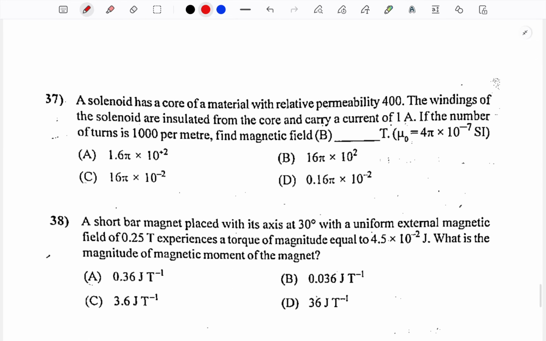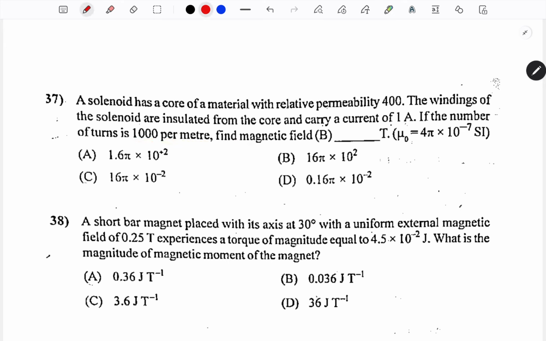Next question. A solenoid has a core material with a relative permeability 400. The windings of the solenoid are insulated from the core and carry current 1 ampere. The number of turns is 1000 per meter. Find the magnetic field.